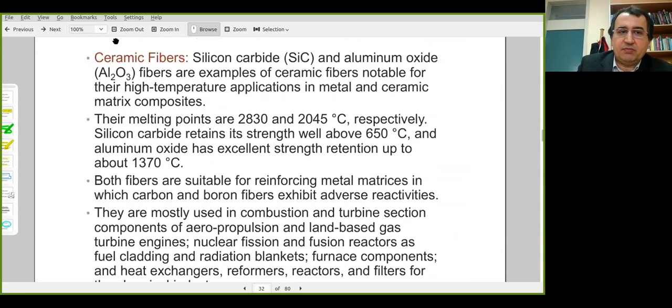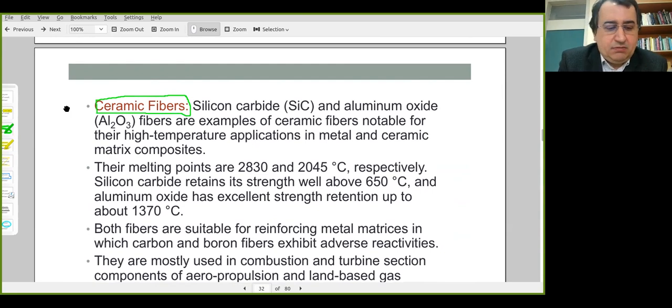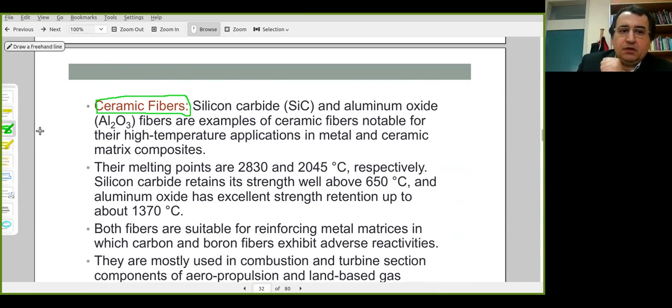And one final example, ceramic. When there is a need to design resistance to thermal effects, that is the material of choice, ceramics especially. This is an oxide ceramic, alumina fiber or aluminum oxide fibers are available, as well as silicon carbide.